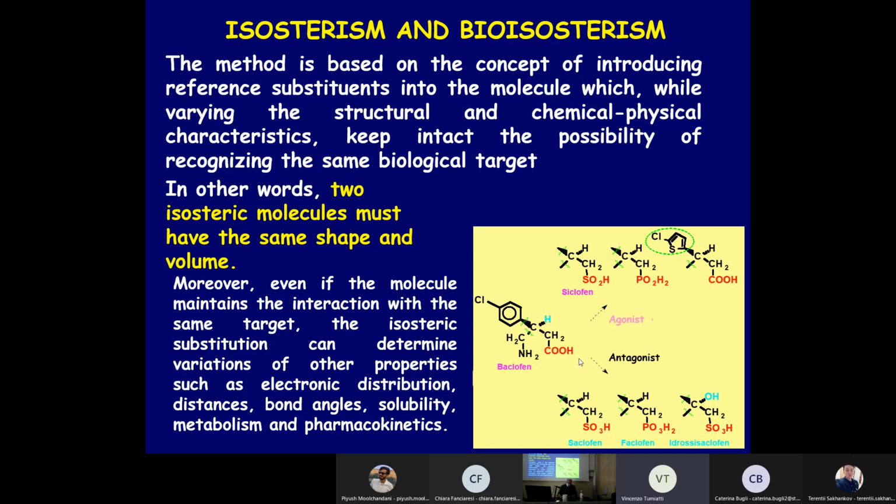If you change these acidic groups with other small acidic groups, you still have agonists. But if you increase the dimension of the carboxylic group with other, bigger acidic groups, you obtain antagonists.